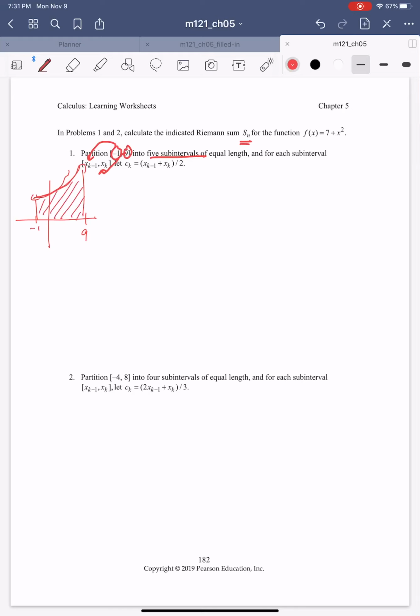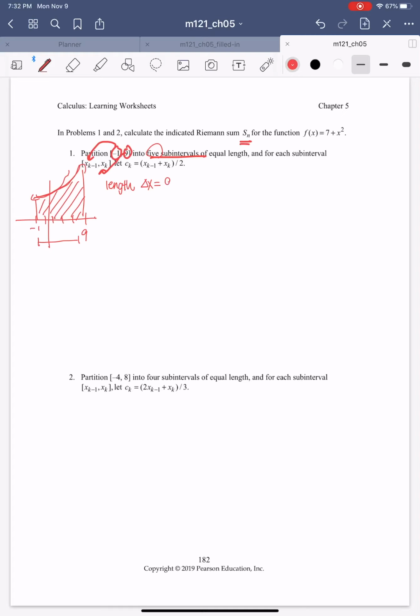All right, so what is the length of a rectangle? That will be my delta x, the label for the length. I'll write it up: length of rectangle. So I'm going to add those two numbers and divide by 5, because I want to divide it into 5 equal pieces.